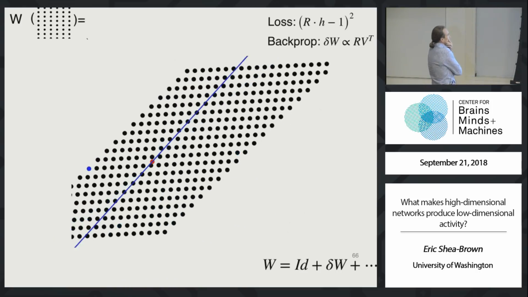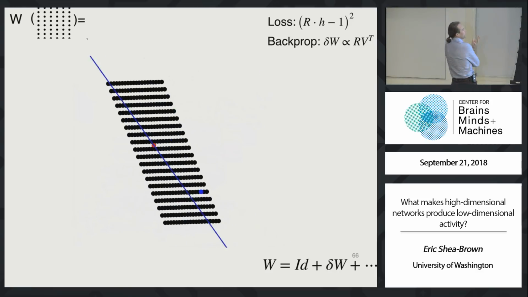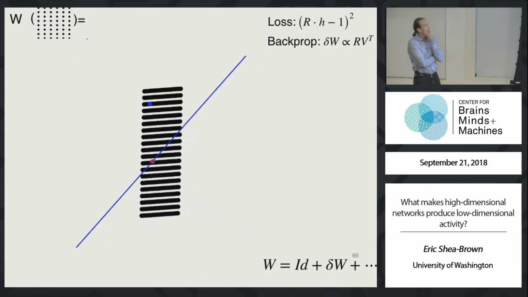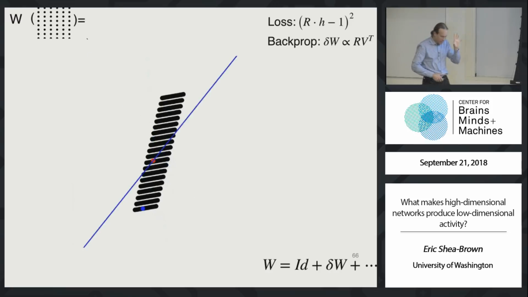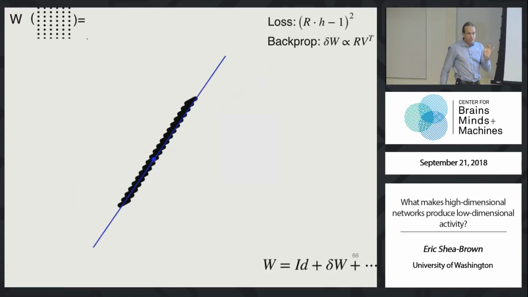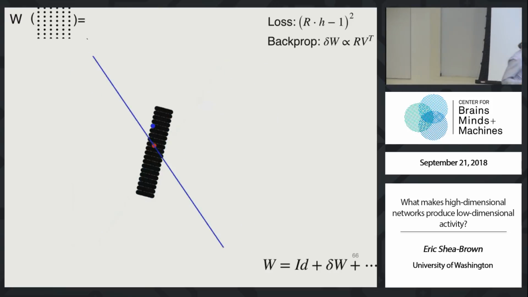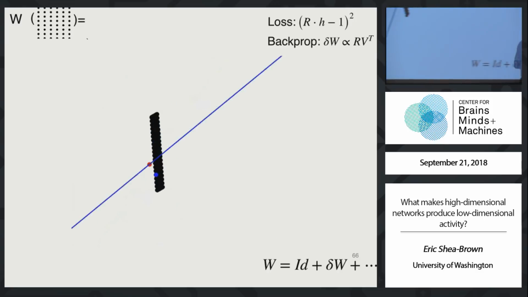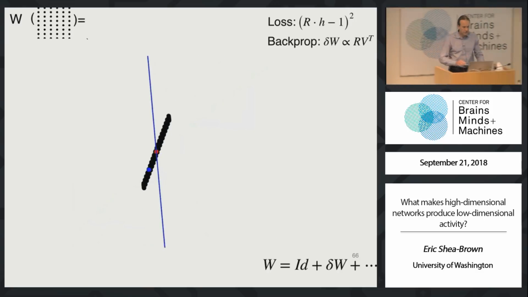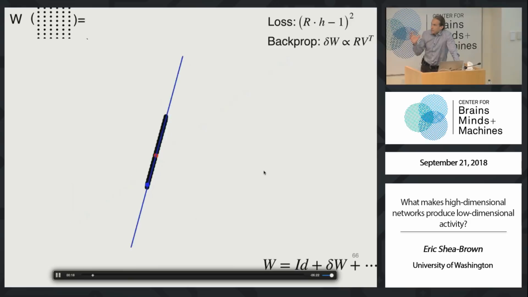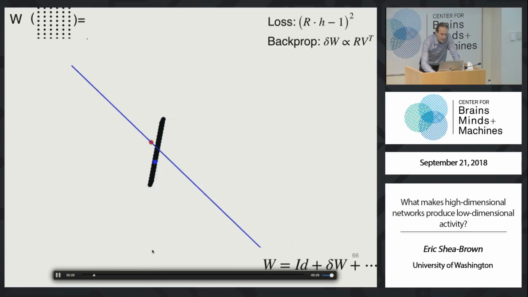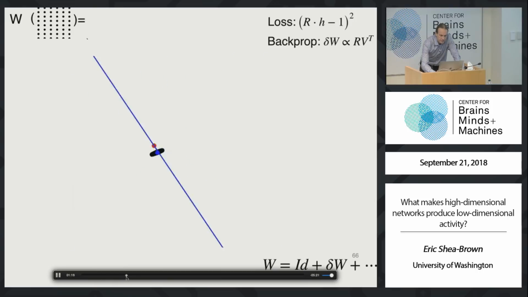So if I look at a simulation of all these points evolving under my linear model, where at every step I'm updating my weight matrix according to backpropagation through time, now something very different happens. The points are collapsed, but they're not collapsed in just one direction. They're collapsed in effectively all directions at once.